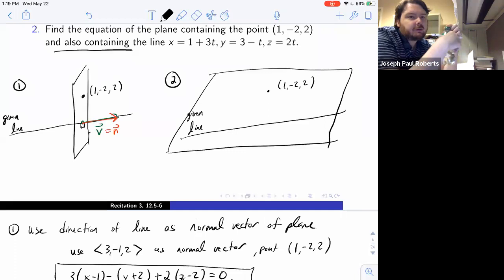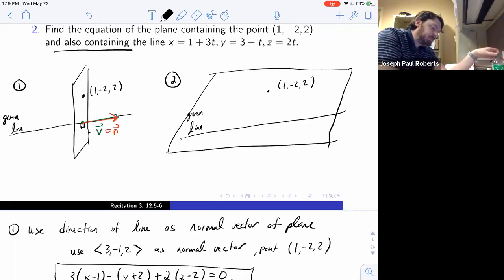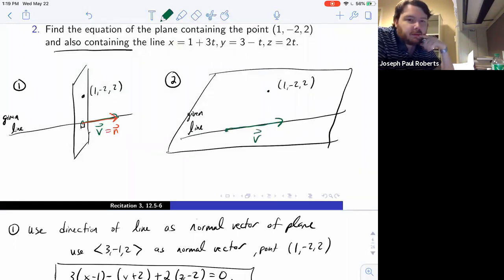Okay, and then for the second one, a little bit different. We could still use the direction v from the line, but now that's not going to be perpendicular to the plane that we're looking for in question 2. It's going to point along the plane.